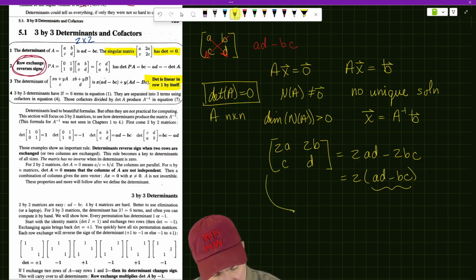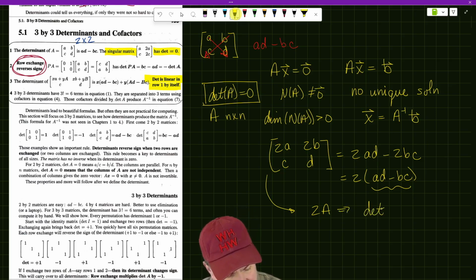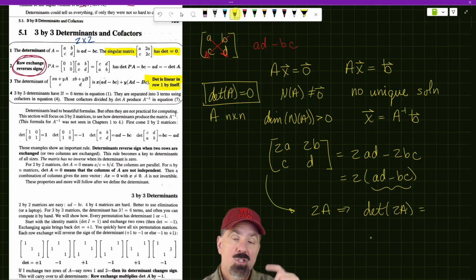This then leads to the question: what happens if we take the determinant of 2A? We're going to take a matrix and multiply all the entries by 2. Well, the determinant of 2A is going to be equal to the determinant of A, but times 2 for every row we have.